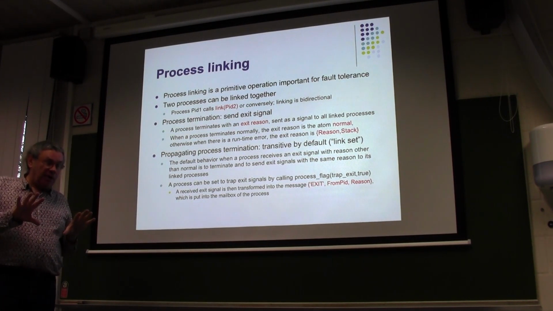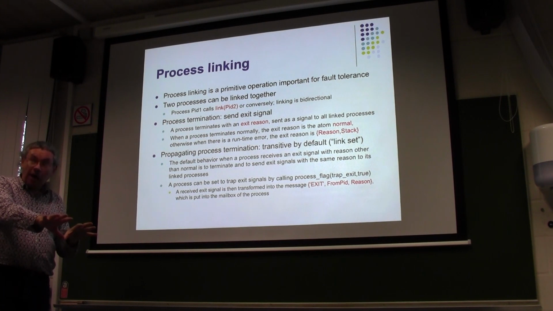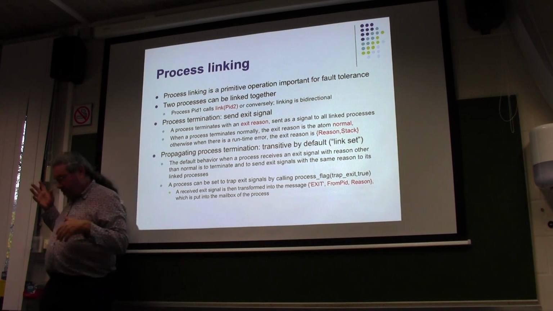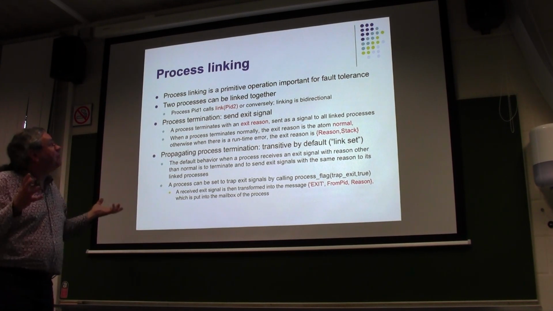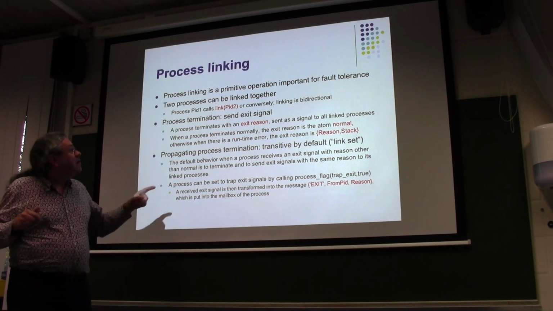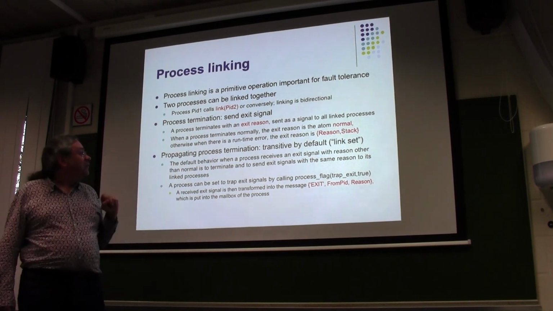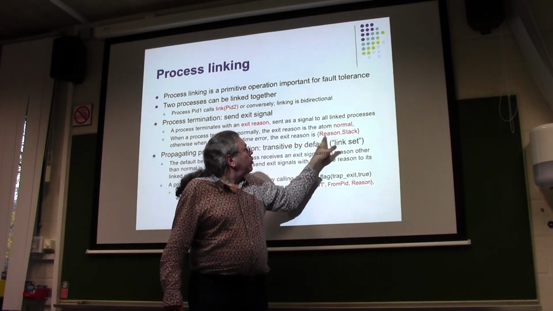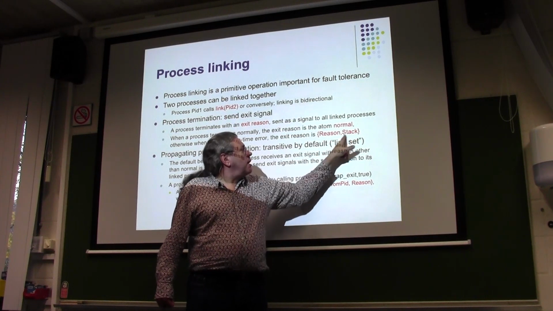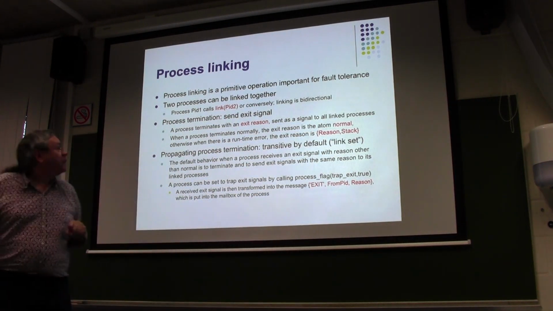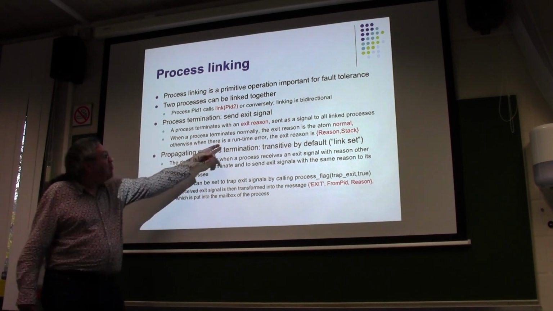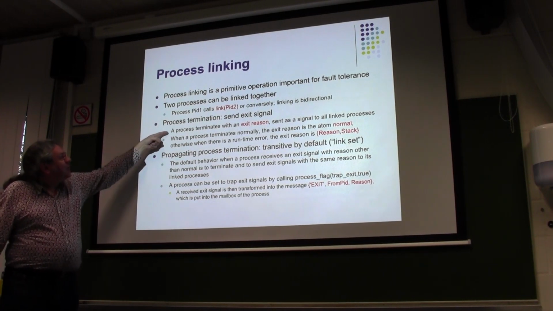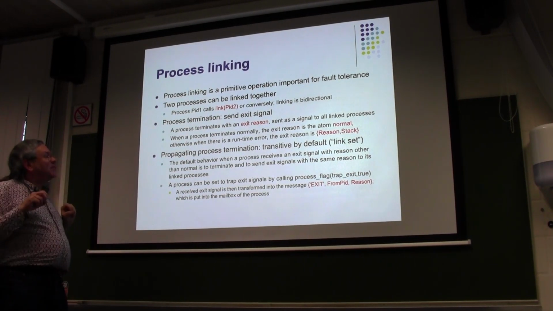If the process terminates abnormally, let's say there's an uncaught exception, or maybe there's a hardware failure, the process fails, then you have another reason, another signal, and the exit reason will be some tuple where you have some reason here, and then some information about the state of the stack, when there's some kind of runtime error. So normal or not normal when there's an exit. But when you exit, there's some reason.